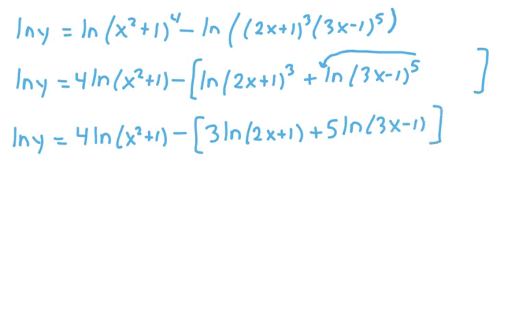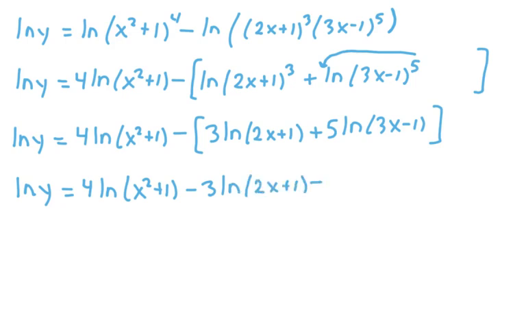Now, distributing that negative through, natural log of y is 4 natural log of (x squared plus 1) minus 3 natural log of (2x plus 1) minus 5 natural log of (3x minus 1).